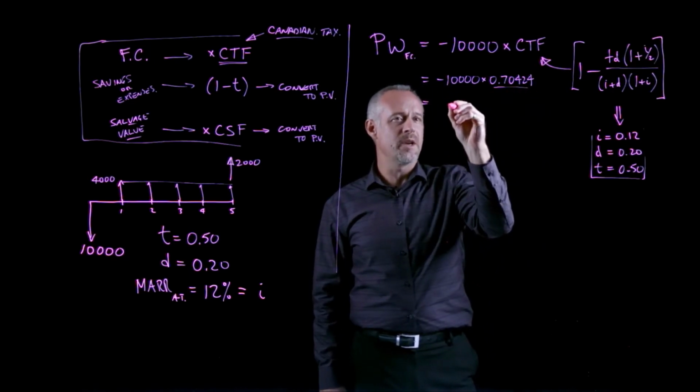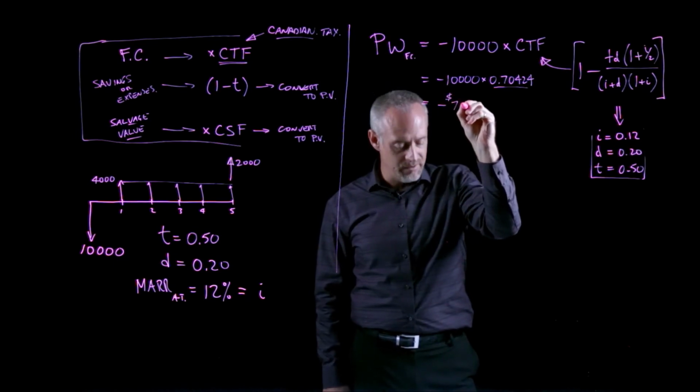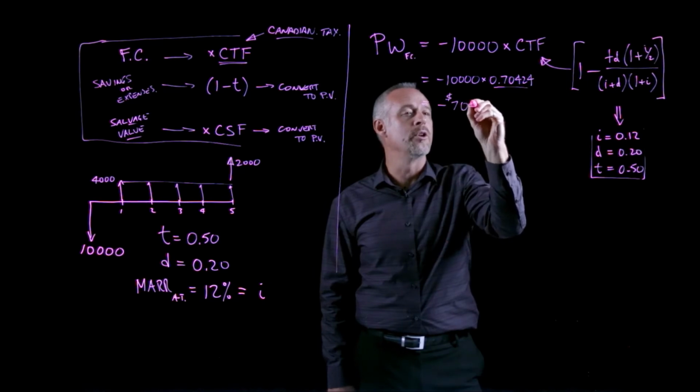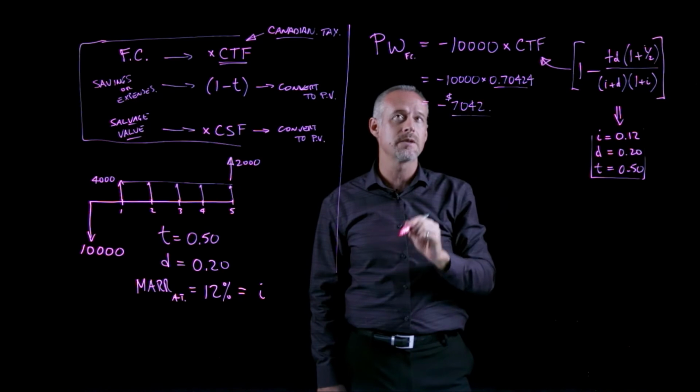Okay, so we'll multiply this out and we end up with negative $7,042. So this is the present worth of the first cost after tax.